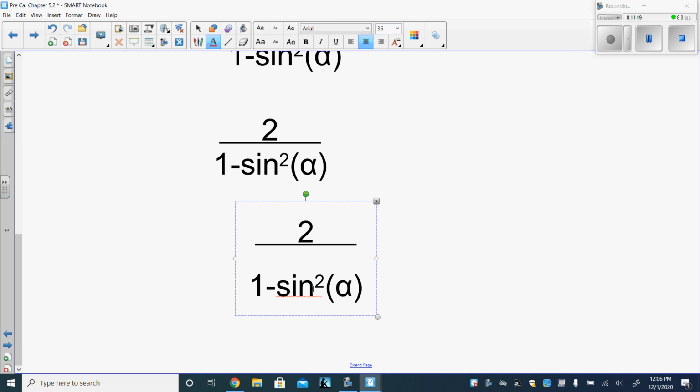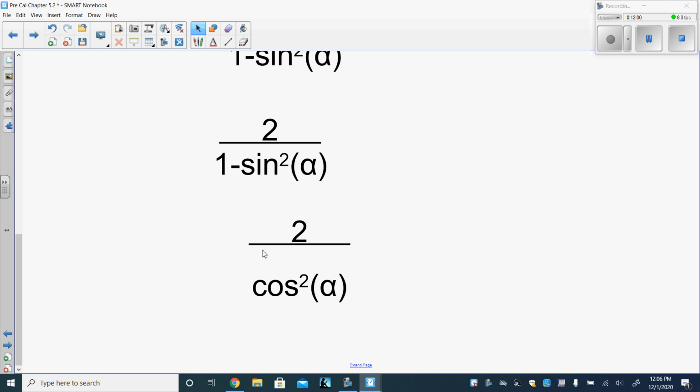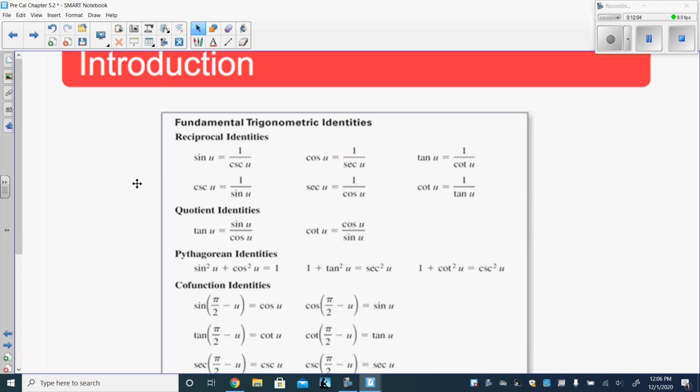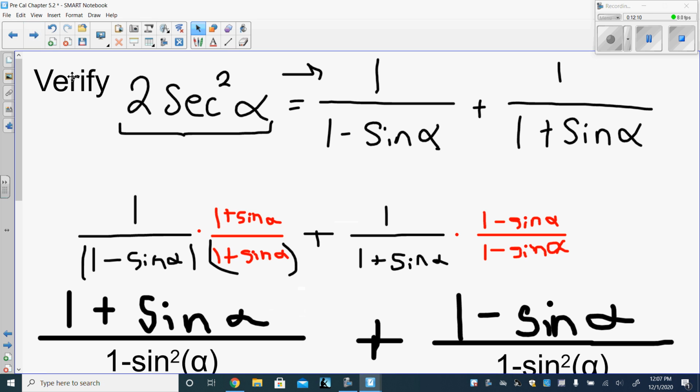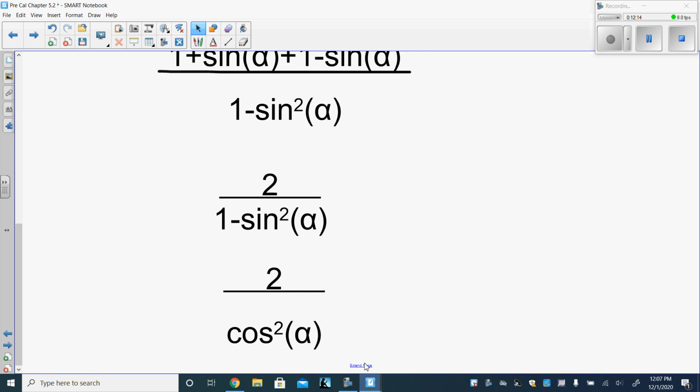And really what we can say is I can replace 1 minus sine squared of alpha with cosine squared of alpha. Because of our Pythagorean identity, sine squared of u plus cosine squared of u is equal to 1. Well, I can subtract sine squared, and 1 minus sine squared is the same as cosine squared.